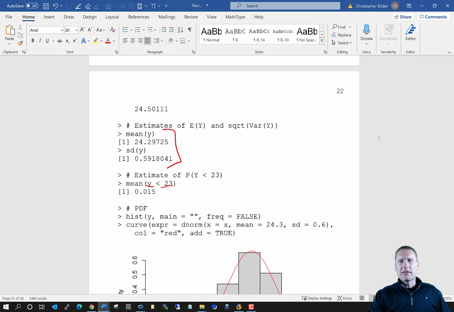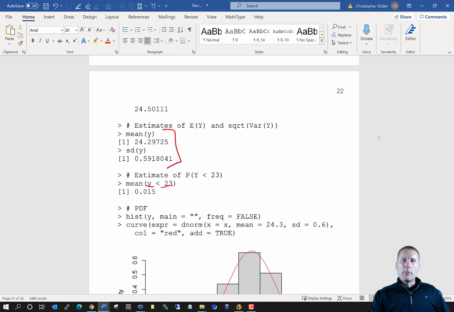If we've looked at cases like this before, when I take y less than 23, what R does is a logical comparison. If a particular value of y, one of these 1,000 y's, is less than 23, it returns a true. Otherwise, it returns a false, and does that for all 1,000 elements in y.